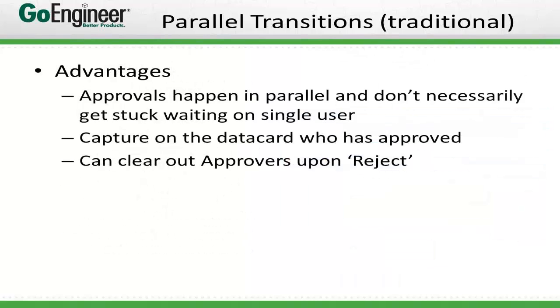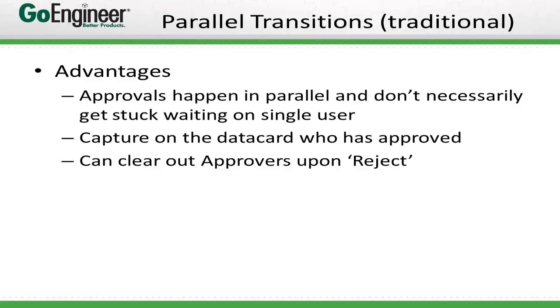So some of the advantages of using these parallel transition methods is, of course, the approvals happen in parallel. So we're not waiting on a user like we would be in a serial process, which could potentially be holding up work and causing unnecessary delays.